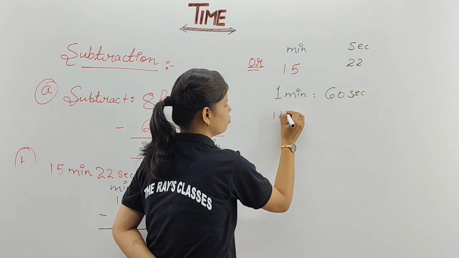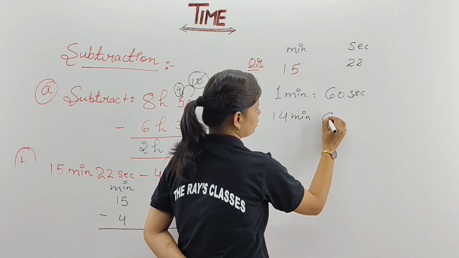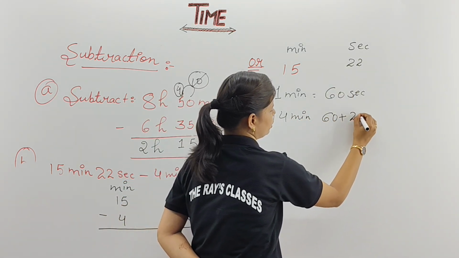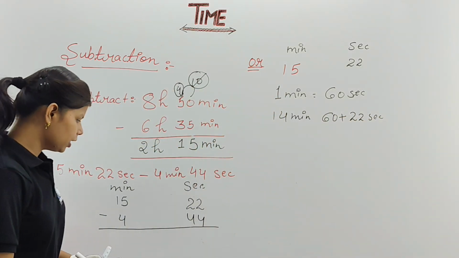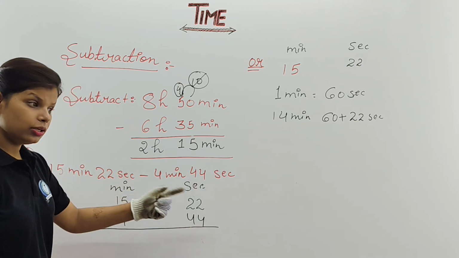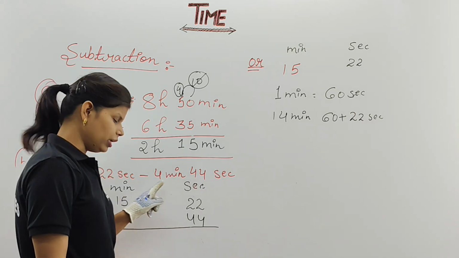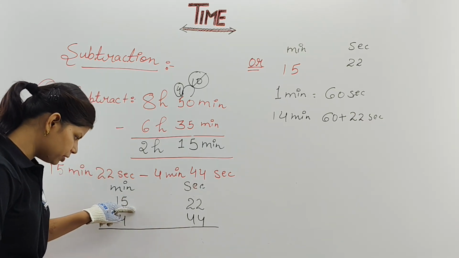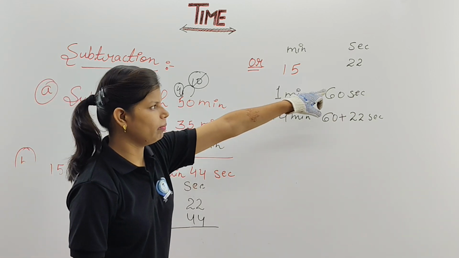Like if you write 14 minutes, then here you can write 60 plus 22 seconds. I am doing this because this number is smaller and this number is bigger. That's why you cannot subtract the smaller number from the bigger one. To counterbalance this, I have reduced the value of 15 and converted it into 14 after taking 1 minute to that side.